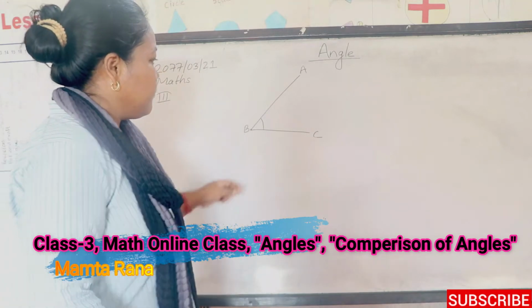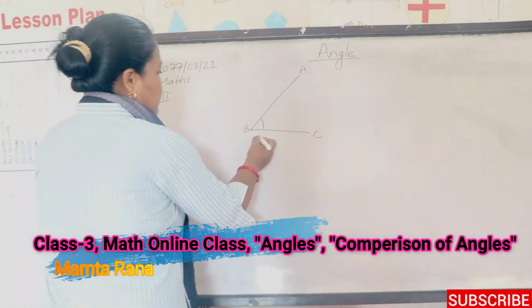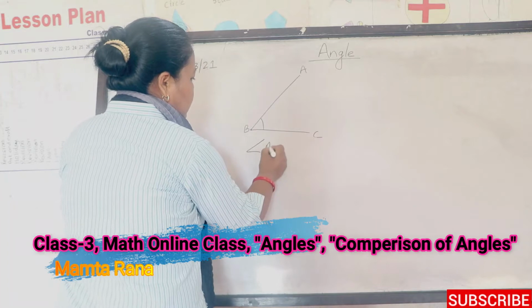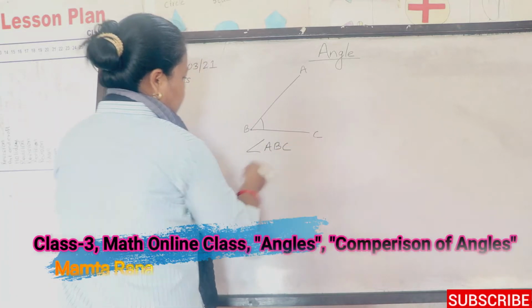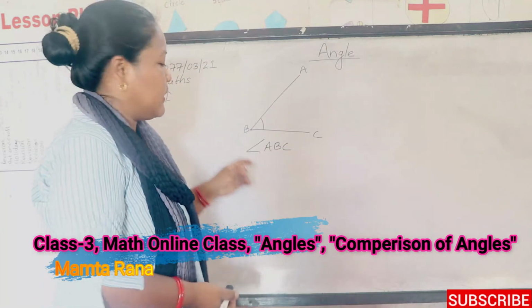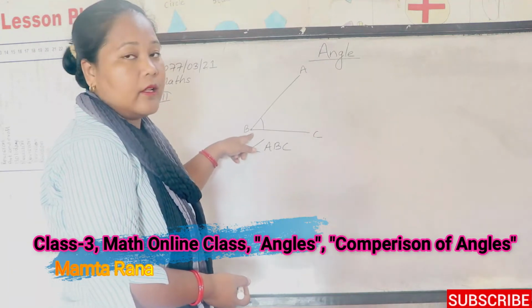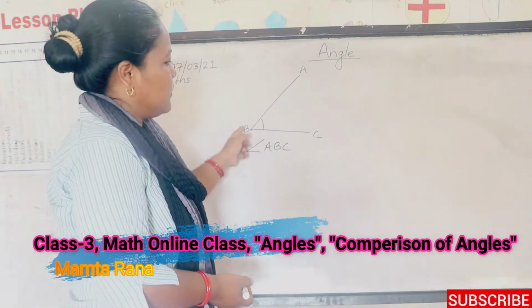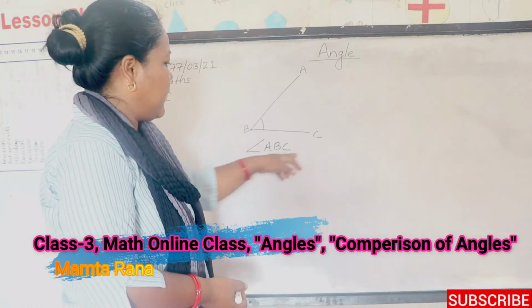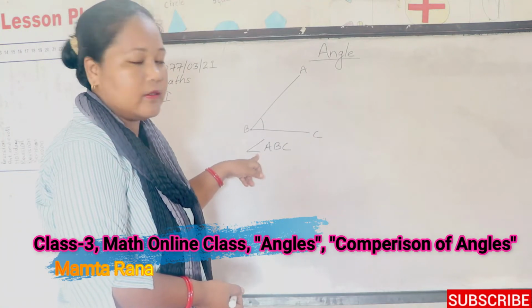The angle name is angle ABC. Yes, we say this angle ABC. And how to write it?